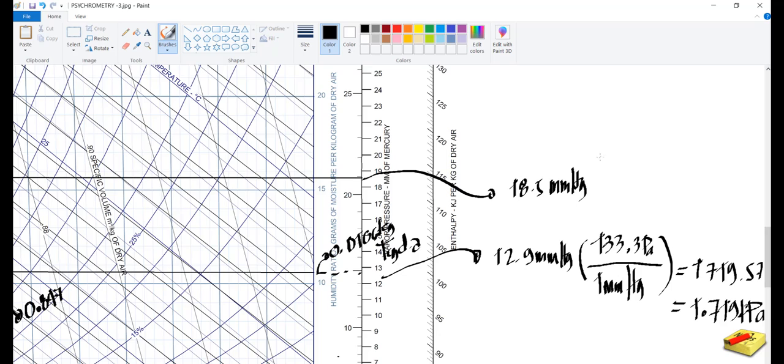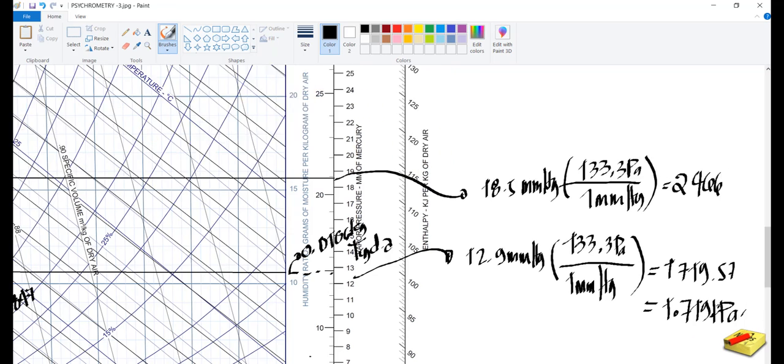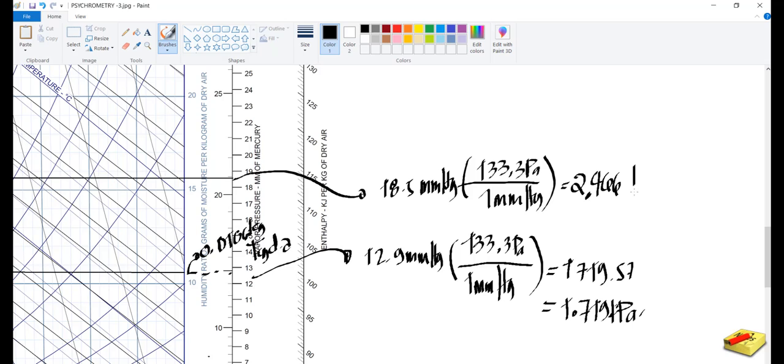Then we convert it by multiplying by 133.3 to get Pascal. Let's see if it is the same or not. Using your calculator, we have the value of 2466, so that is almost close. I'm going to transform this also to a kPa value.